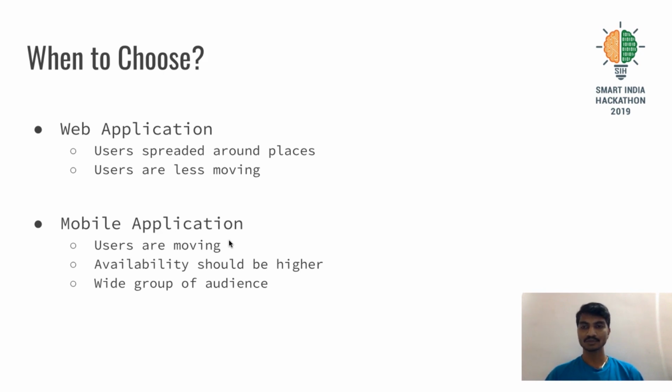For those kinds of applications, it's better to create a mobile application so that they can carry their mobile everywhere, and the availability of the application is very high because mobiles are always in the users' pockets. Also, when the application needs to reach a wider group of audience, and the audience is not very targeted, like internal users, an enterprise, or targeted users, it is better to go for a mobile application compared to a web application.